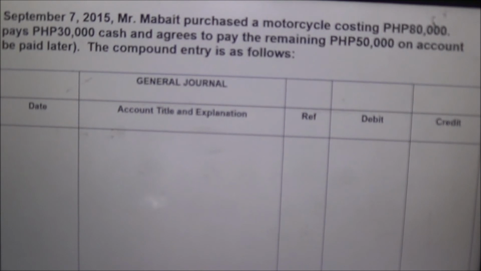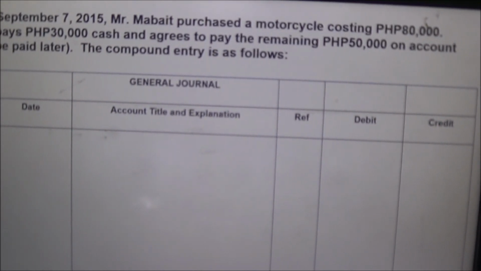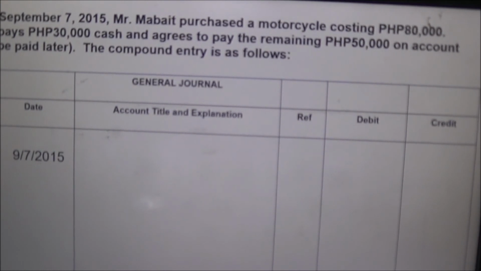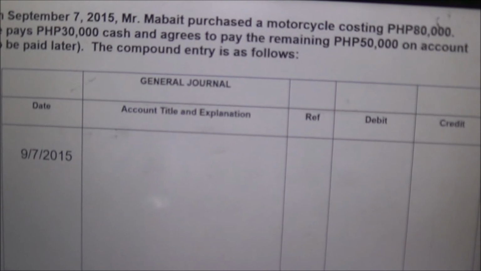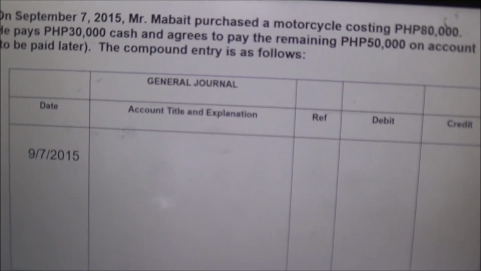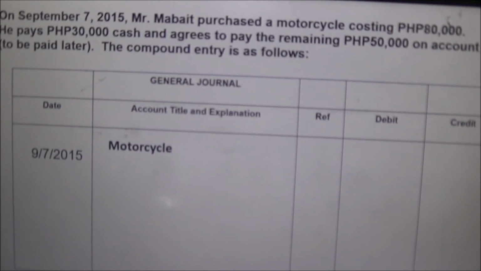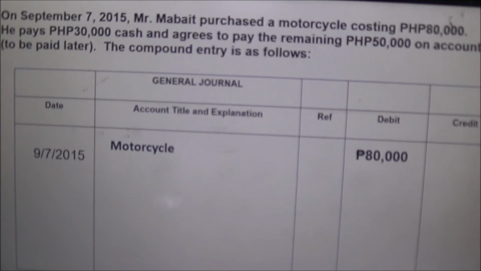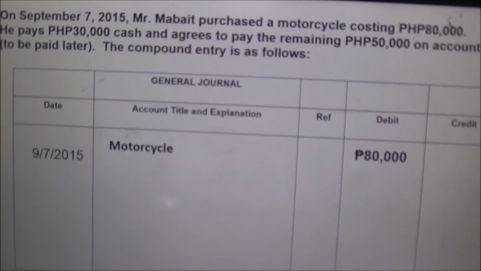Okay, so we will write first the date of the transaction, which is September 7, 2015, and then his asset increases. Okay, motorcycle, so it will be debited. The 80,000 pesos will be debited. And then the cash, since his cash decreases, it will be credited.